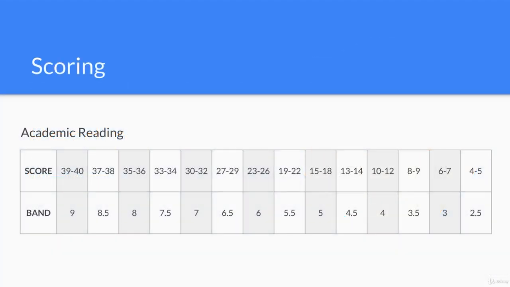First, let's talk about how your score is going to be calculated. Now, this course is on the academic IELTS reading and not the general reading, so I'm not going to be going into the scoring for the general reading. I'll just talk about the academic reading. As you can see over here, the scoring is basically divided up by the number of questions that you answer correctly.